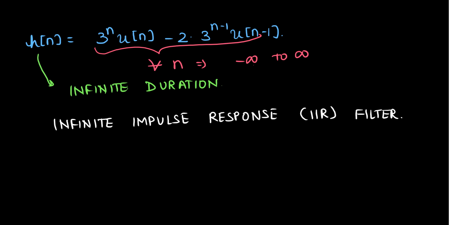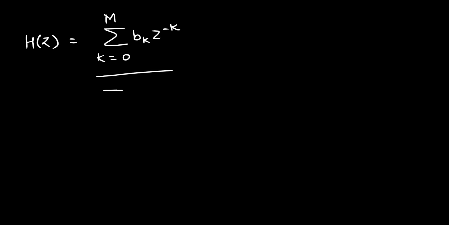So if we look at the standard representation for the IIR filter, we have h of z equal to summation k running from 0 to m of bk z to the power minus k divided by summation k running from 0 to n of ak into z to the power minus k, and this is the standard form for any IIR filter.